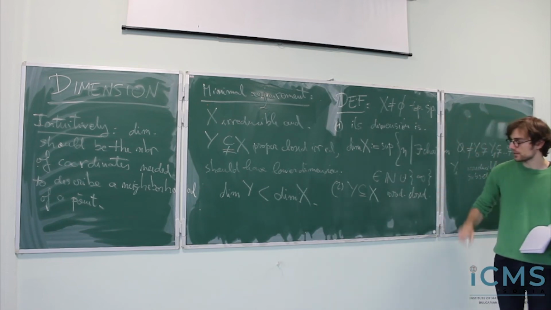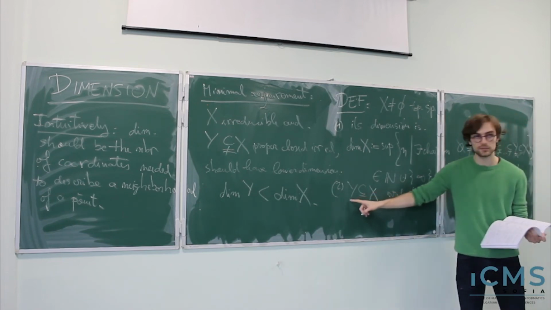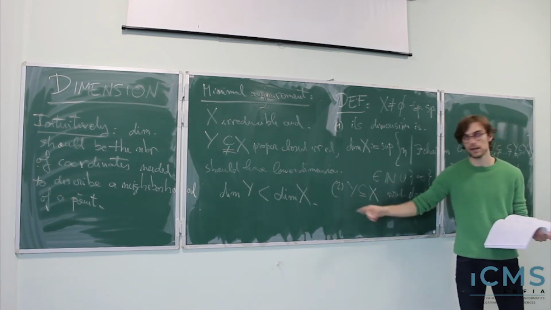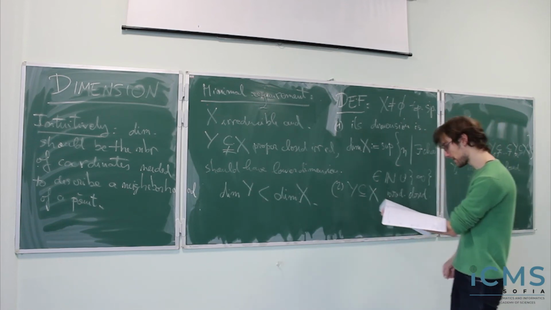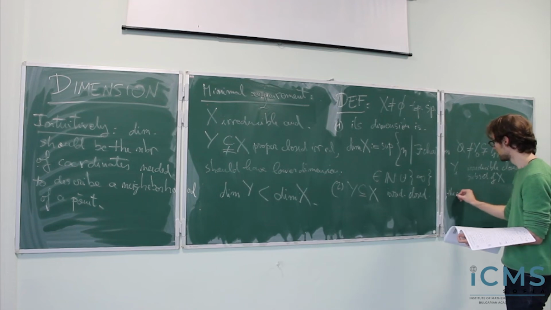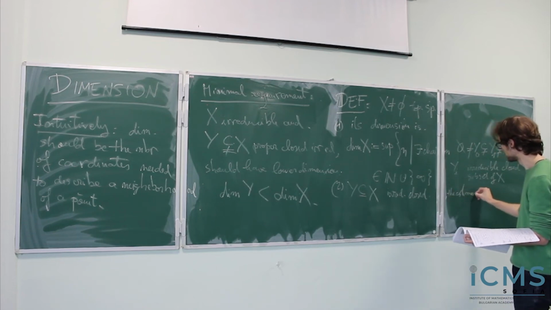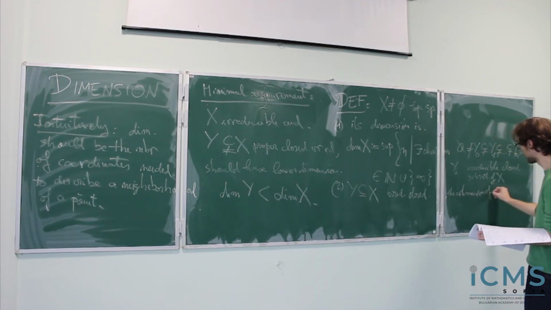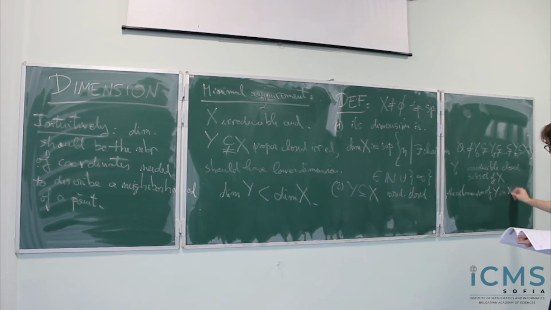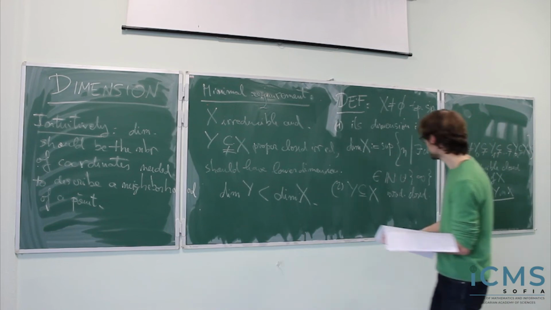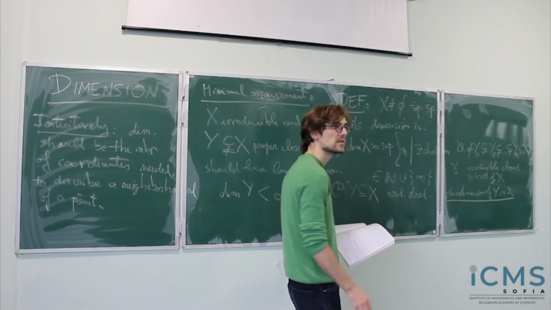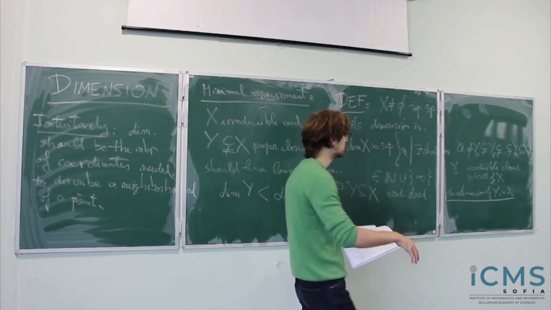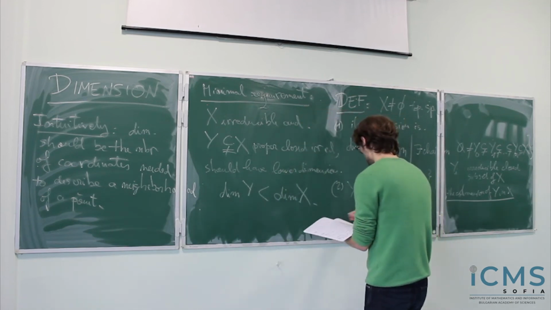I consider this time an irreducible closed subset, Y. Then we can define its codimension, the codimension of Y in X. Well, it's very similar to the above definition, but this time the chains must start with Y and not the empty subset.